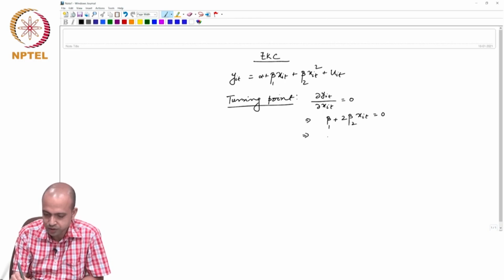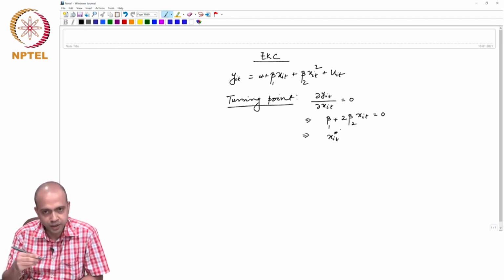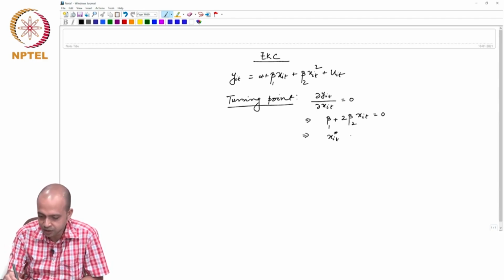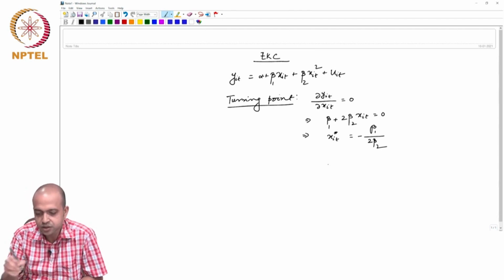So, X_it star, the value of X_it after which the environmental degradation starts declining, should become minus beta 1 by 2 into beta 2. Okay. This is the turning point.